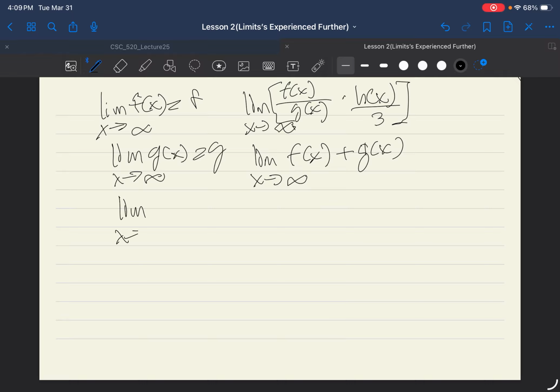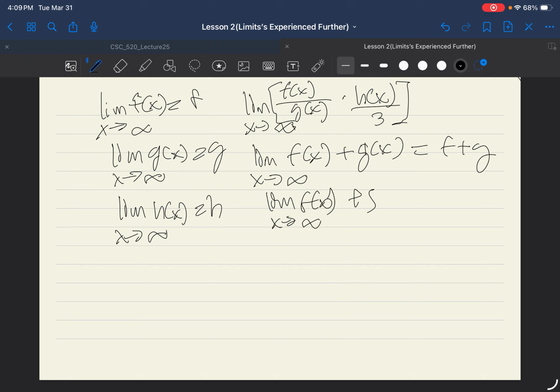The limit as x approaches infinity of h of x is going to be some number h, right? This will be equal to f plus g. The reason being, we can split this up into this. So that can lead to f plus g.